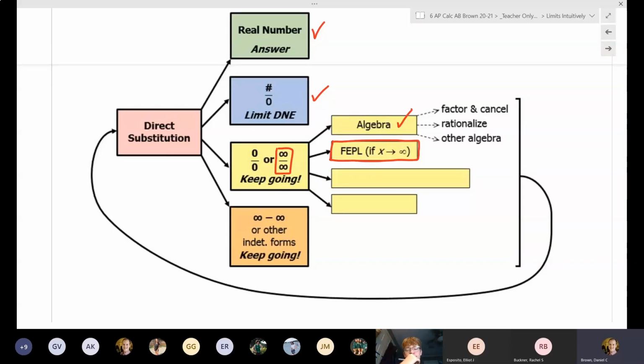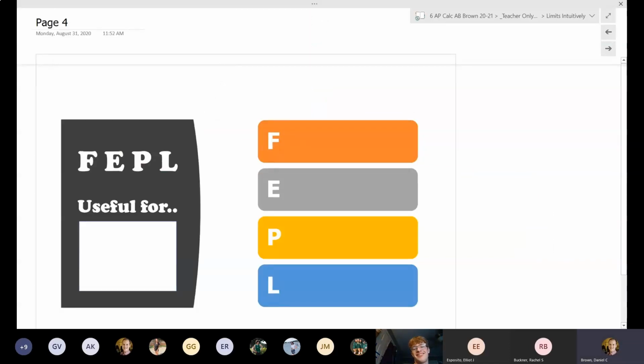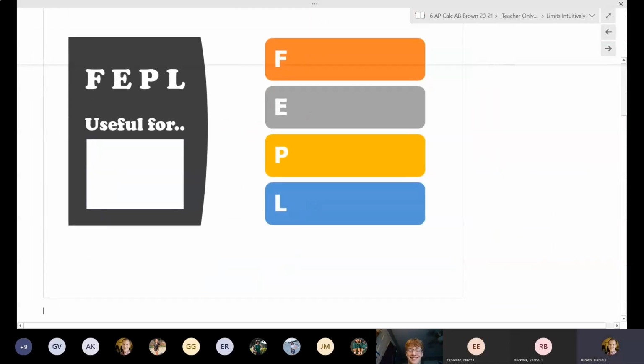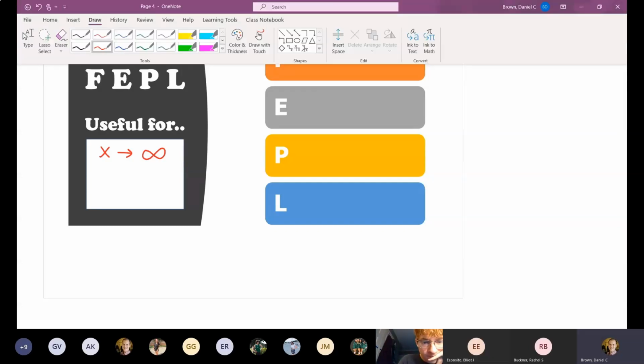So then you're like, well, Mr. Brown, what does FEPL represent? And so this is a strategy that I use for problems when x is going to infinity, and it's a little bit more difficult to figure out what it's going to be. And FEPL stands for 4 types of functions.